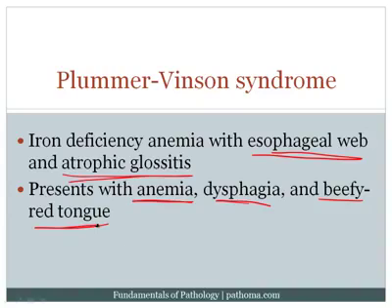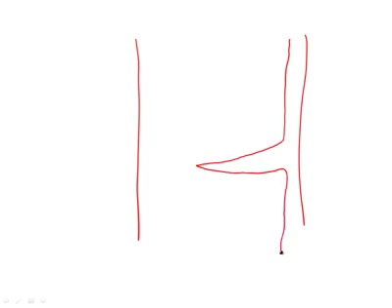Let me just highlight what an esophageal web is to make this discussion a little more clear. This is the esophagus. You know that the esophagus is lined by a mucosa, and the mucosa would be relatively tight up against the lumen of the esophagus. However, there can be redundancy in the mucosa so that some of the mucosa outfolds in this way, and that could potentially create an obstruction or a partial obstruction within the esophagus.